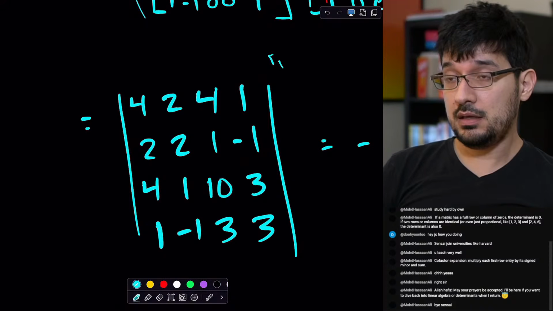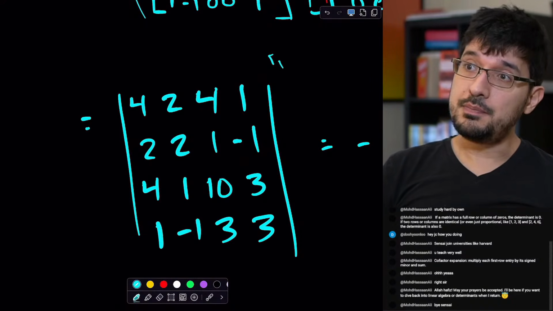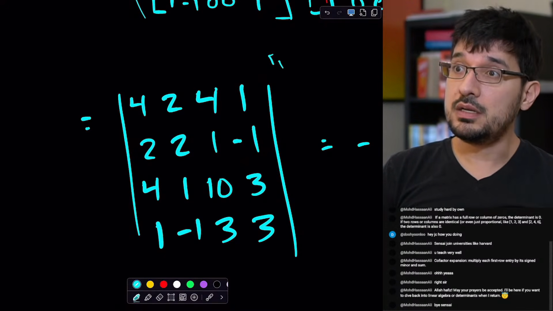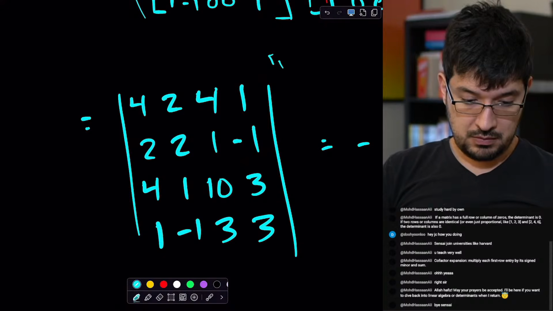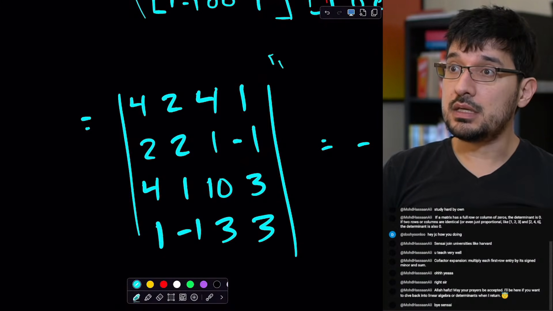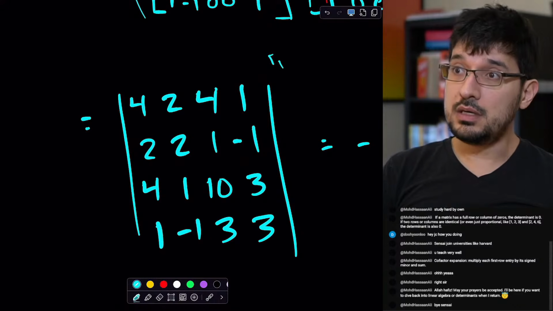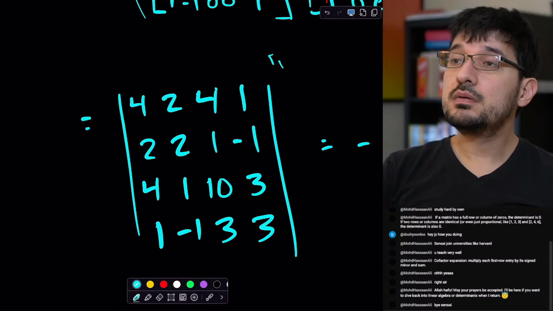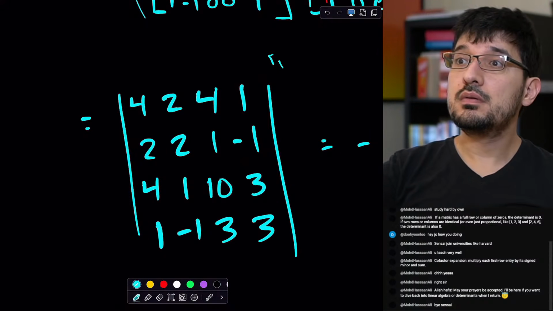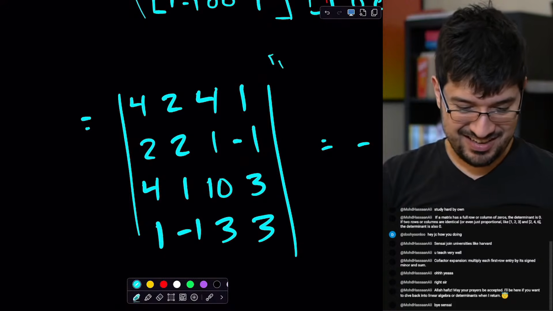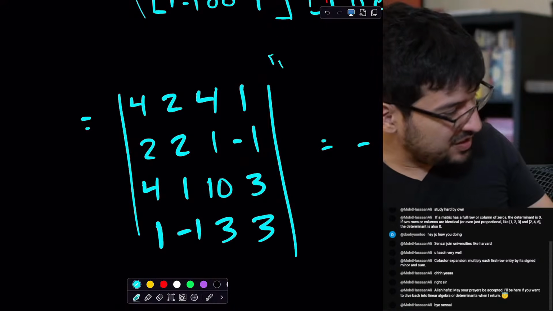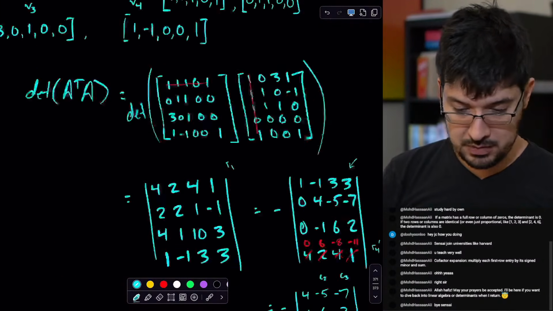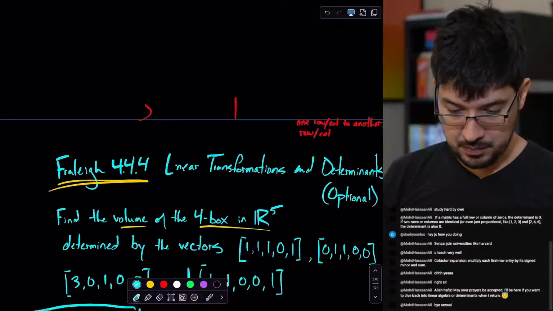So if I set up the problem correctly, then the value of this determinant, 2, 2, 1, negative 1, 4, 1, 10, 3, and 1, negative 1, 3, 3, is nine. Look at that, I got it. Getting good at these determinant calculations. No typos today. Awesome. Well, we worked a problem from every section.